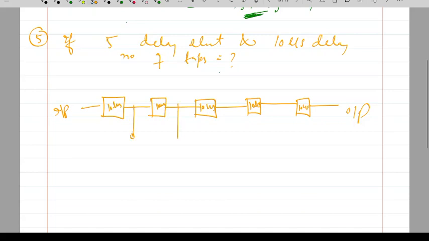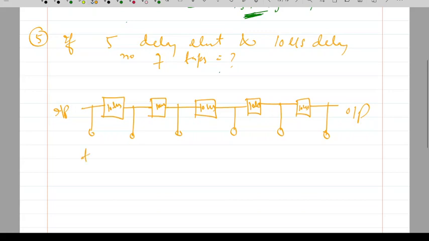So these are the taps. These are behaving like a channel, connected between the delay elements. So here there are 5 delay elements and 6 taps.